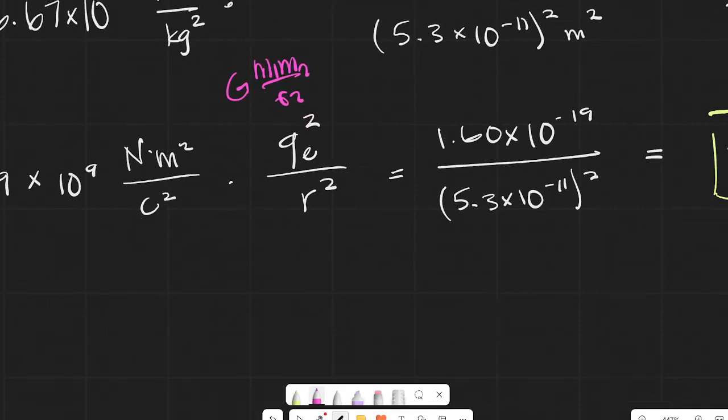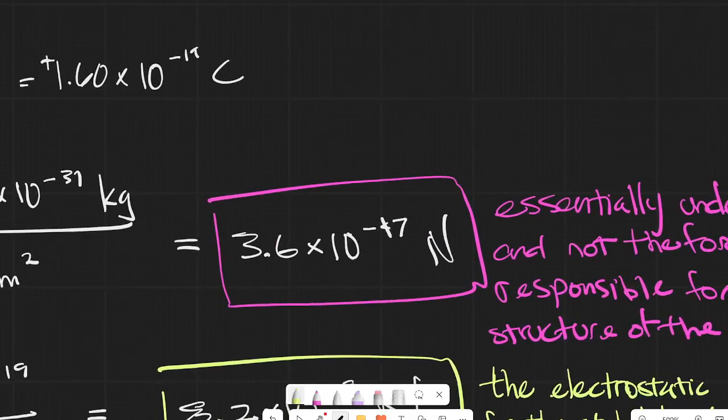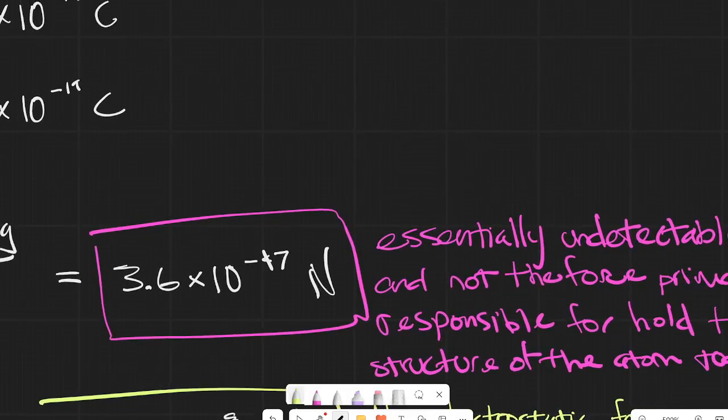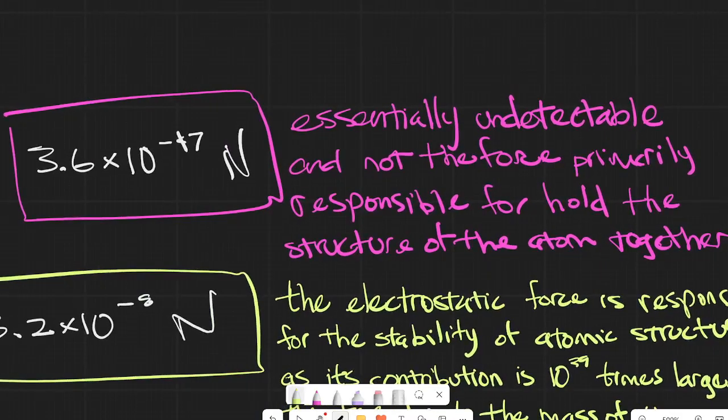And then I also did the same thing for the electric force, using our electric force formula here. And so when we do the gravitational calculation, we get this tiny 3.6 times 10 to the negative 47 newtons. That's essentially not detectable by anything.